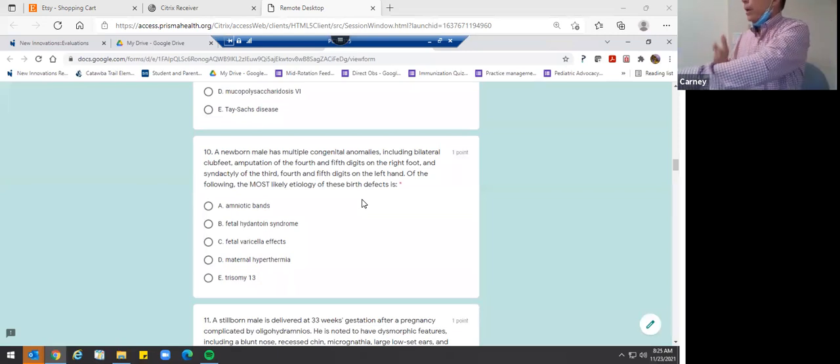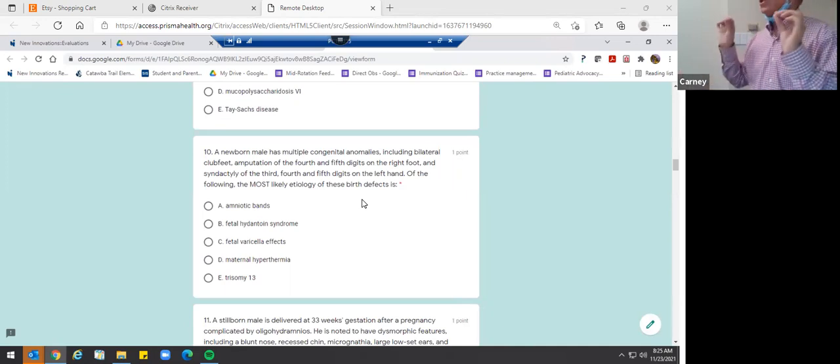Varicella can have scarring, and just think logically, they have skin problems, so they're going to have scarring. I'm not sure what maternal hyperthermia gives you, but it doesn't give you this kind of randomness of external visualizations. And trisomy 13 doesn't fit this at all. So the answer is amniotic bands, but the giveaway is this randomness.